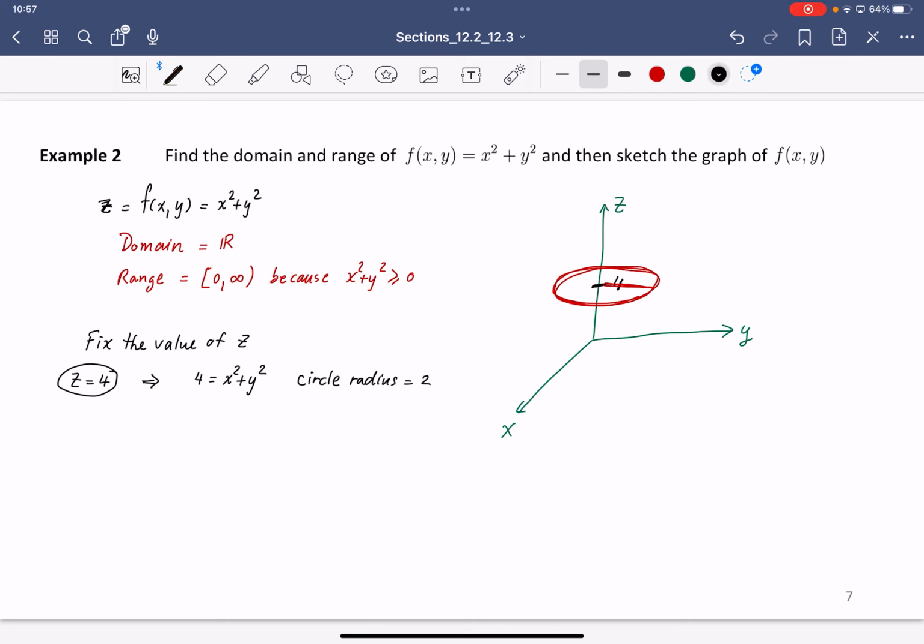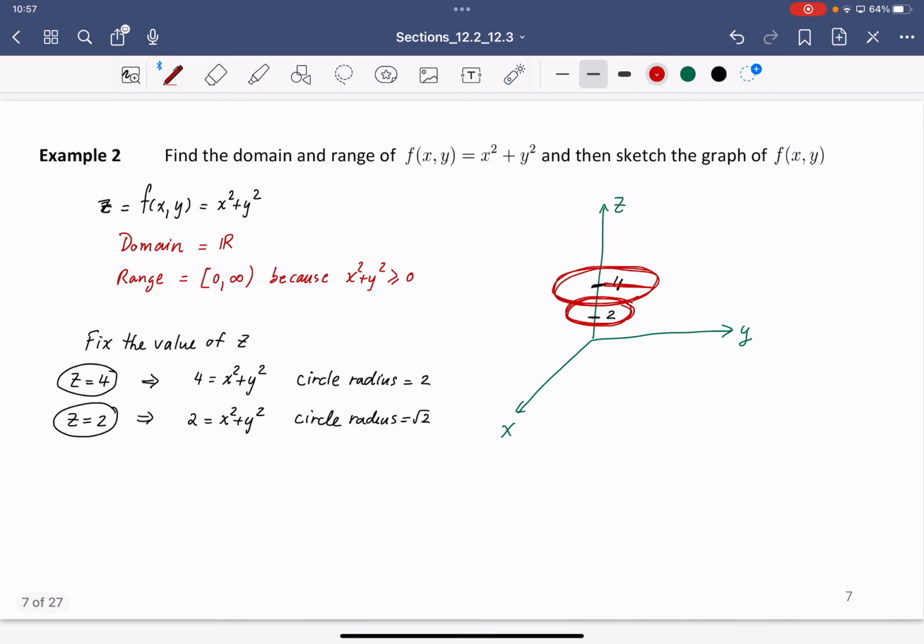And also if you have z equal to 2, for example, you're going to have 2 equal to x squared plus y squared. This is going to be a circle with radius square root 2. So when you have z equal to 2 here, you plot it, and you're going to have a circle with a smaller radius.